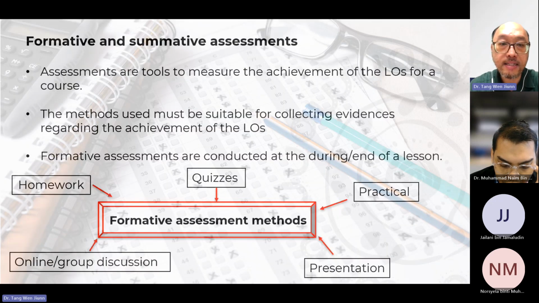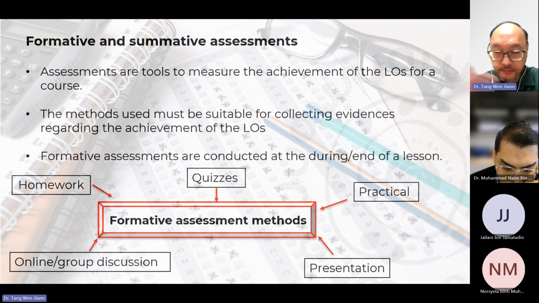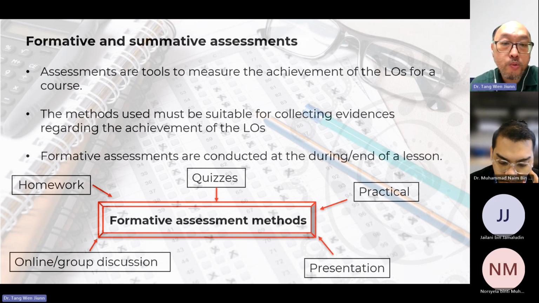For assessment, to test whether or not the students have attained the LOs, we have formative and summative assessment. Regardless of whether it's formative or summative, there are tools to assess the attainment of the LOs.